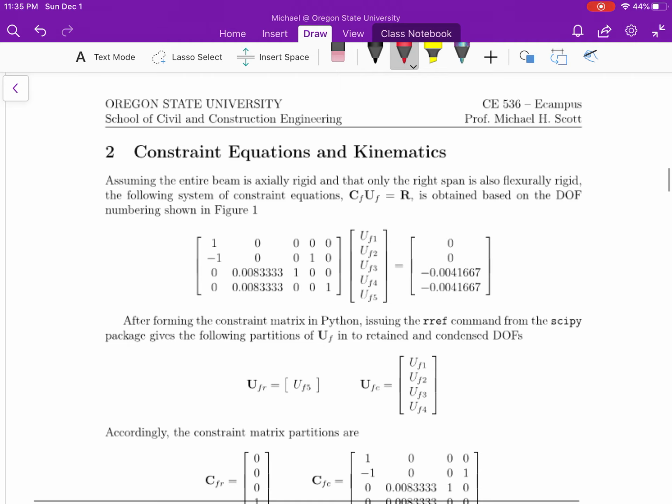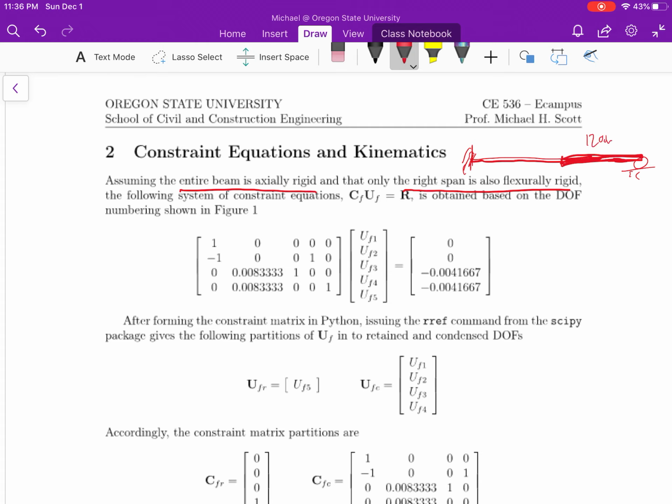Okay, so now if we assume that the entire beam is axially rigid, and then only the right span is also flexurally rigid, i.e. we have something like this, where the whole thing is axially rigid, and then the right span over here is also flexurally rigid.